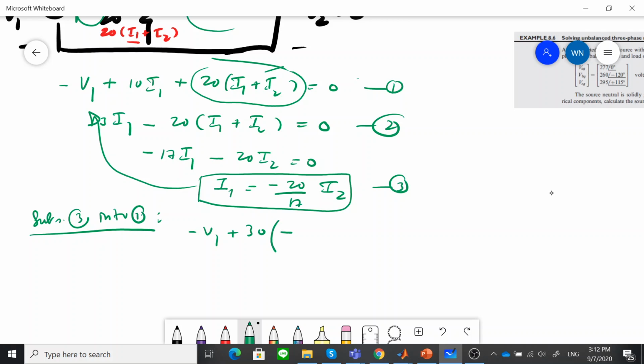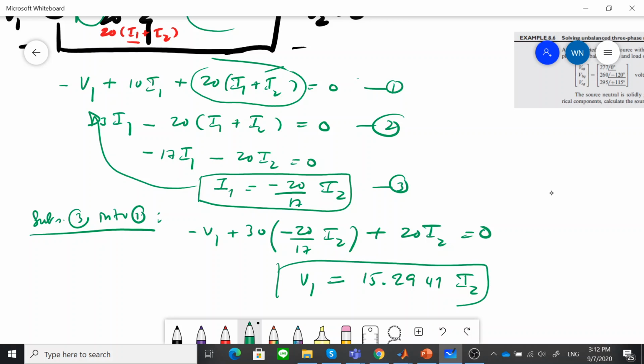I1 is minus 20 over 17 I2, and plus 20 I2 becomes 0. So in this case, you could solve this. V1 is equal to 15.2941 I2. Let's check this one yourself.